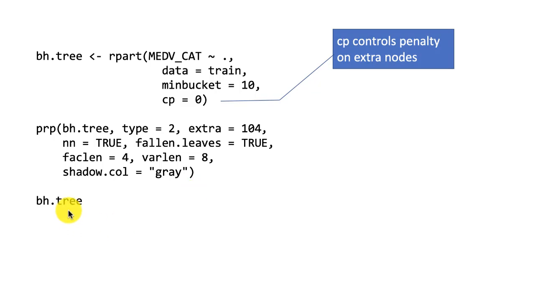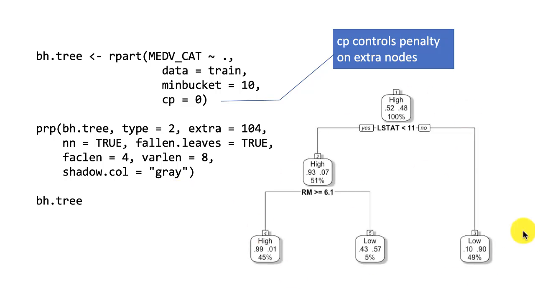And when you do bh.tree, that gives you a textual output of the tree, both of which we will look at shortly. Okay, so this is a tree that gets generated, and the appearance of the tree is controlled by many of the arguments that we have chosen here. Right, so for example, fallen.leaves equals true. That's what put all the leaf nodes together.